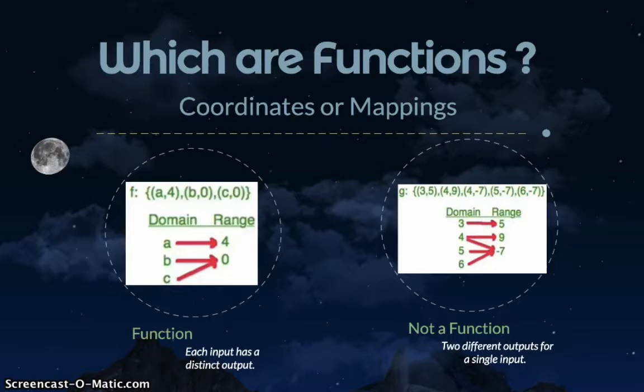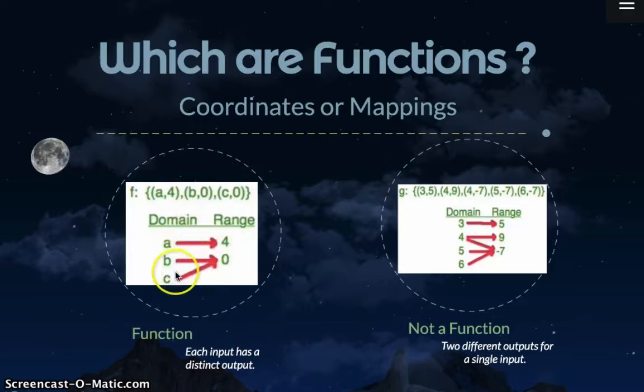So, if you're given coordinates or tables or mappings, if x has more than one value of y, the relation is not a function. Notice x here, a, b, and c. If those three are different, then you have a function. Same with the mapping right below that. A, b, and c gives you 4 and 0.